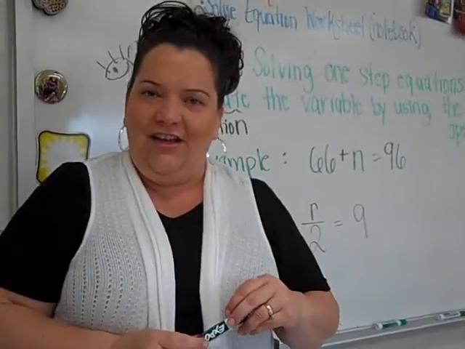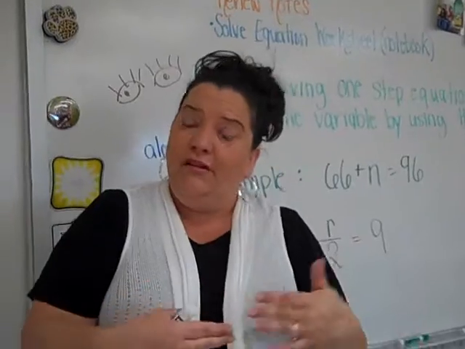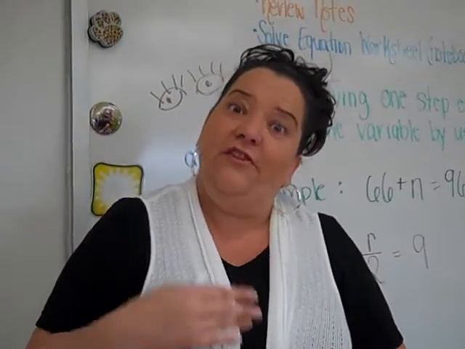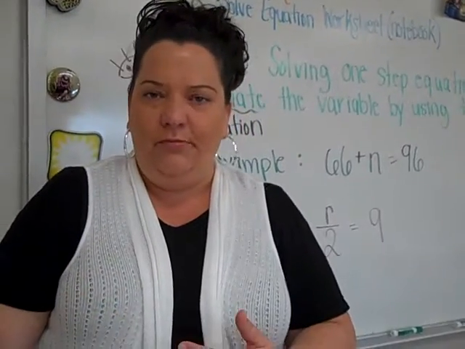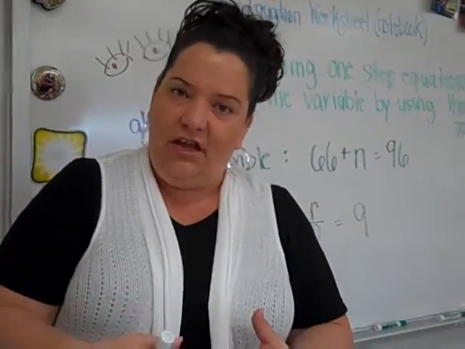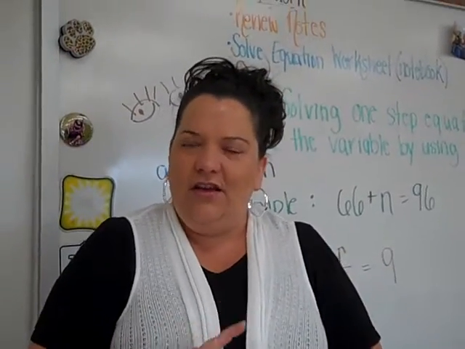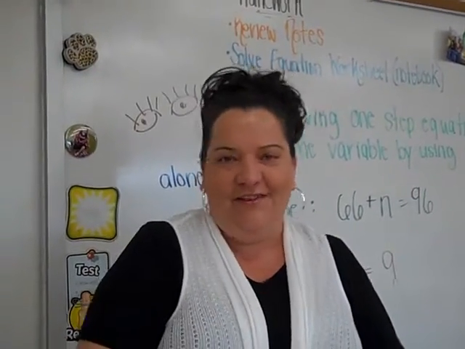I know we're a little dusty-brained from spring break. But I want you to be mindful that the problems are going to be getting more difficult. And it might be a little bit more challenging to solve using mental math. So that's why we have the rule of isolating the variable by using the inverse operation.